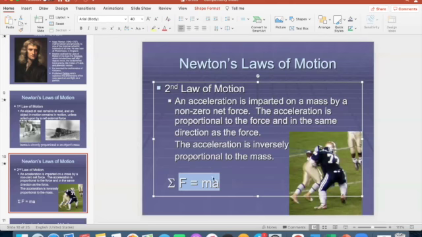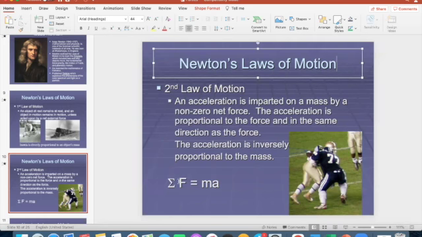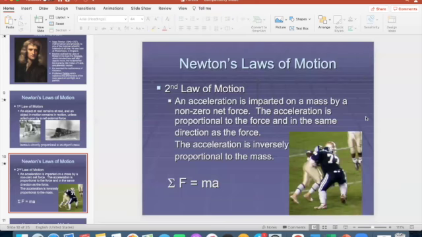We will be working with this equation from here on out, even in physics 2, if you have to take it due to your major. For the second law of motion, force is equal to the mass of the object times the acceleration of the object. Force equals mass times acceleration. Make sure you update your formula sheet each and every time we go over a new chapter.